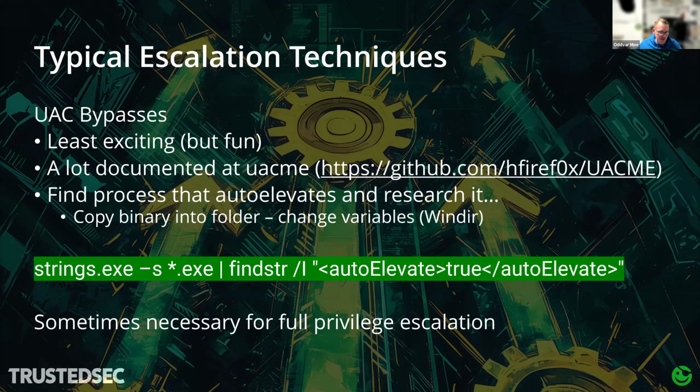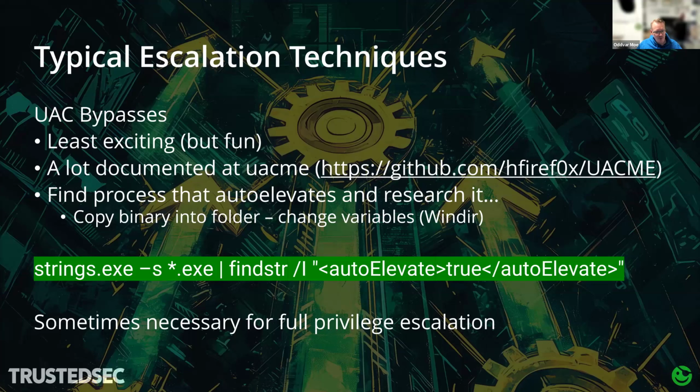The typical process when you're looking for UAC bypasses is that you try to find all the binaries or processes that auto-elevate, and then you dig more deeply into that binary. So a typical example would be you find a binary that auto-elevates, you copy that into a folder outside of System32, and then you change the variables just to see if it behaves differently, for instance. That's a typical scenario you would test for.